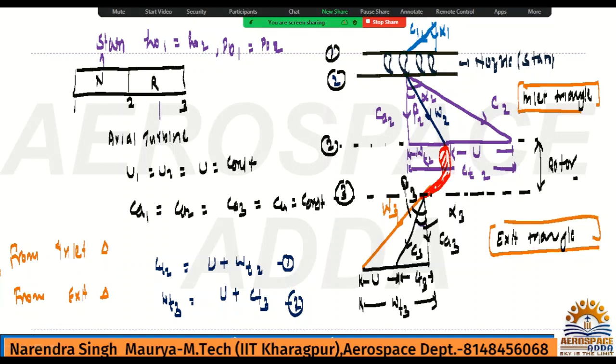Same thing I had explained for the compressor also, but this rotor is relative. So here the enthalpy will be H02 is equal to H03. But this is the relative value only. Always remember, because the rotor is the rotatory part, and the stator is the inlet guide vane, simply a static part.